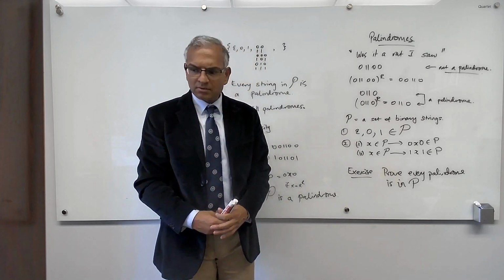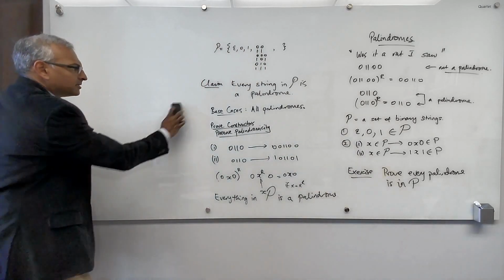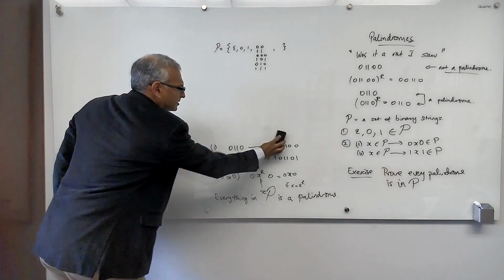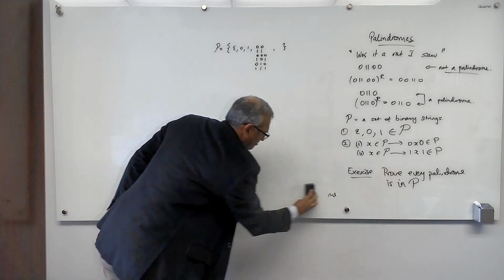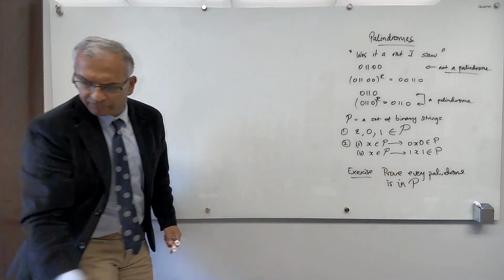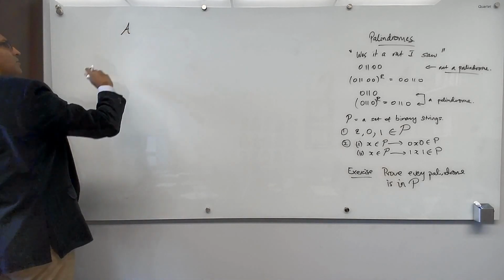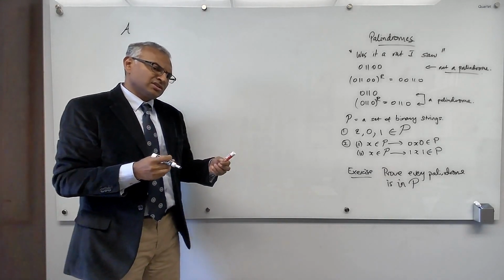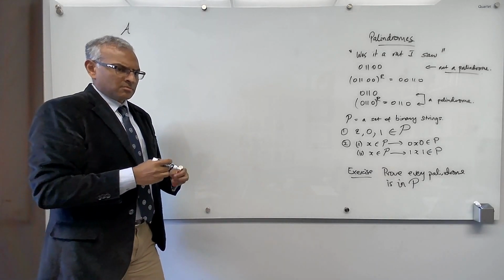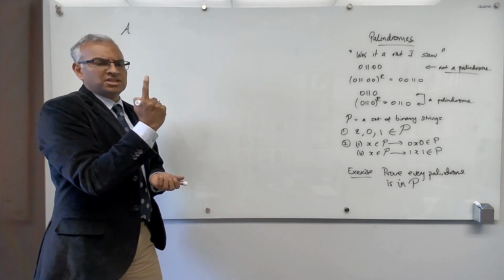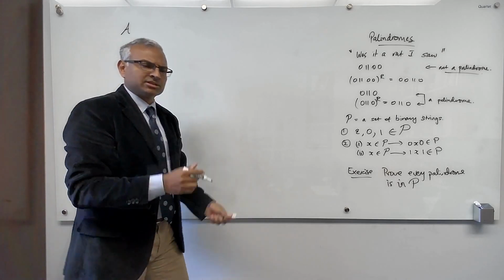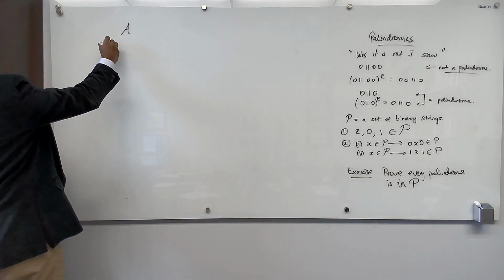Okay? Let's do one more exercise. Arithmetic strings. So imagine a set A of strings, and these strings are going to be made up of parentheses, the digit 1, and addition and multiplication. So 1.